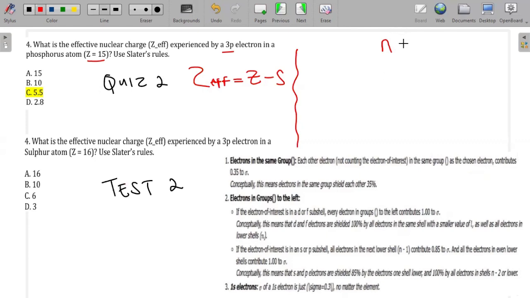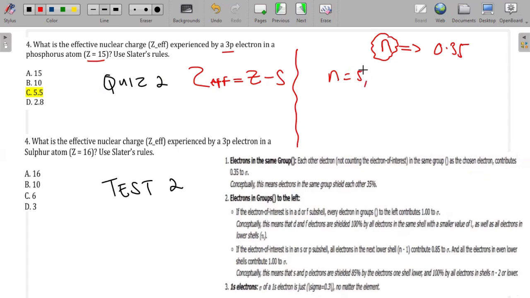So if the electron of interest is in this energy level N, and there are also other electrons in that energy level, all those other electrons in that same energy level as the electron of interest are going to contribute 0.35 to the shielding effect. So for example, if in this N subshell I have maybe 5 electrons, and my electron of interest is one of these electrons.